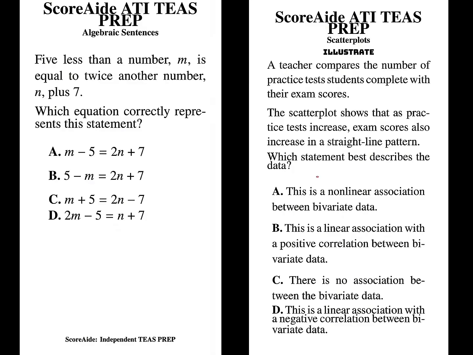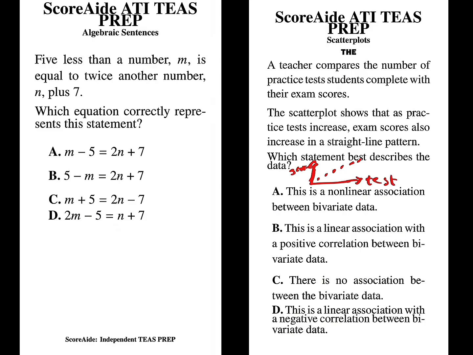If I want to illustrate this, look at this scatter plot. So this is the practice test, and we have the scores, right? And this is how the scatter plot is going to look. As the practice test increases, so do the scores, right?